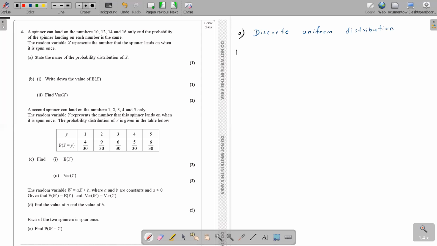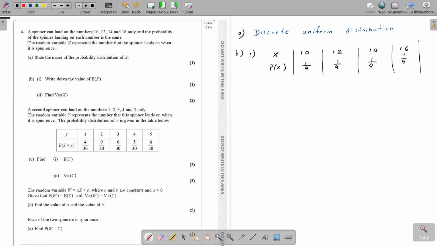Part B. State the value of E(X). I think before the value of E(X), shall we make the table? So X values are 10, 12, 14, 16. Then the probability of X is 1 over 4, 1 over 4, 1 over 4, and 1 over 4. For E(X), they have only given you 1 mark.